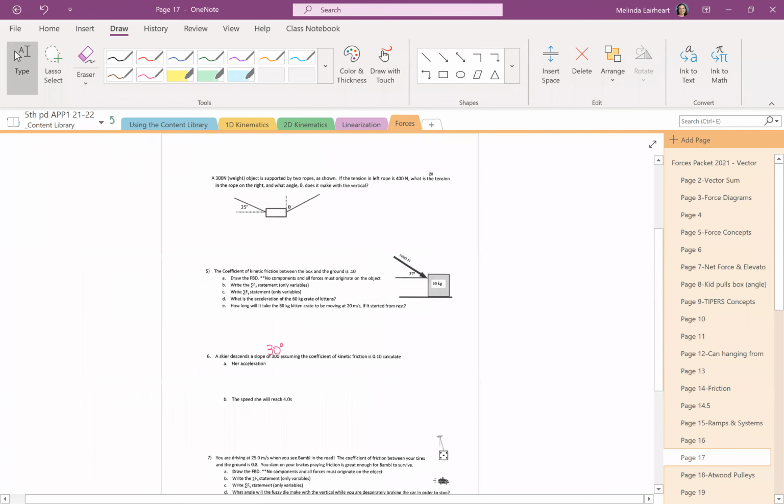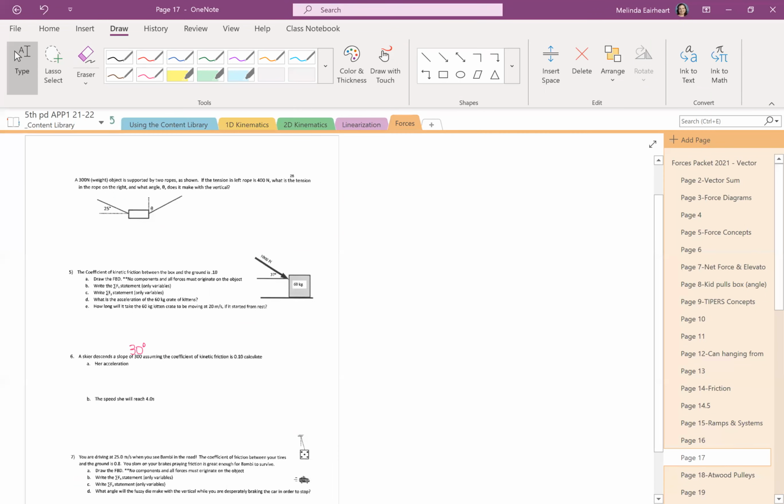Not that this is the only practice I think you should do, but if you're like, I only have time for one page, make it 17, okay? Because you have a ramp, you have a friction with coefficient, you've got some angles there, right? Now there's not a pulley, so I would ask that you at least try some kind of pulley problem on your own, but do some variety, 2 to 3 hours before the exam, okay? Forces is so variable. You got to be ready. Good deal? All right, let's transition to lab.